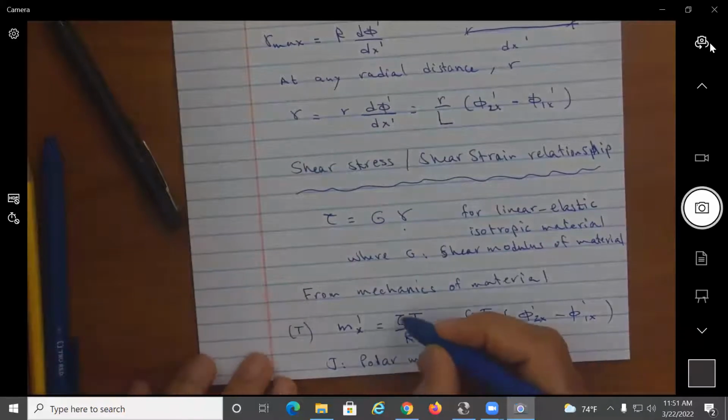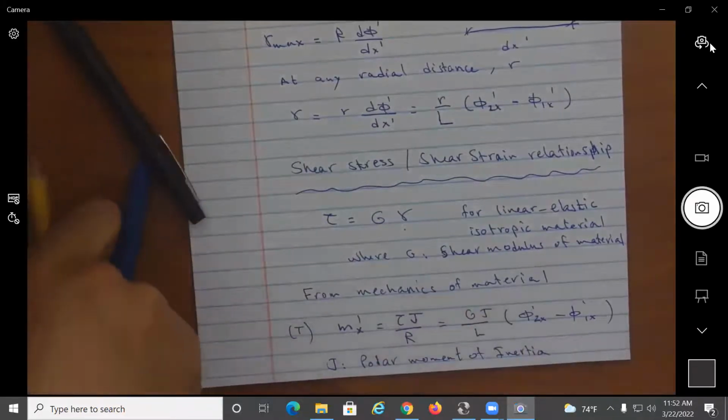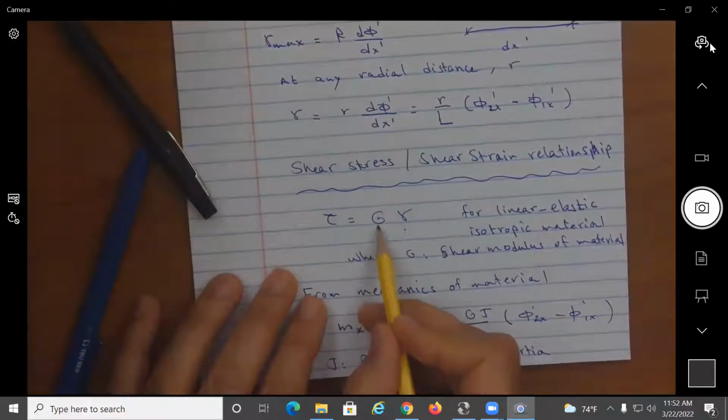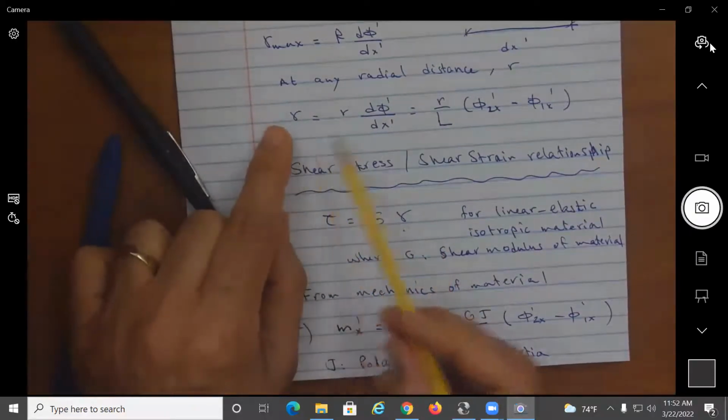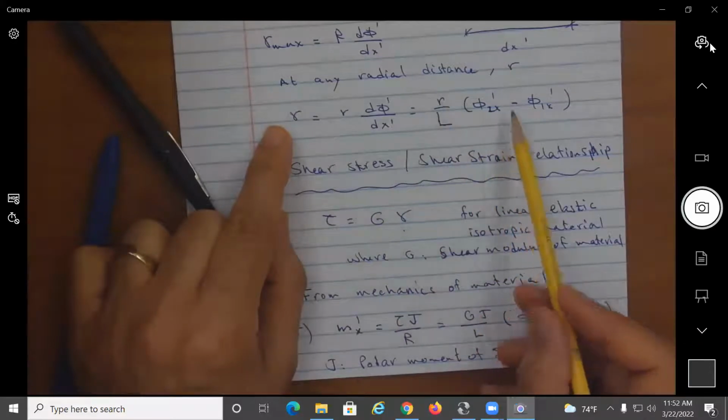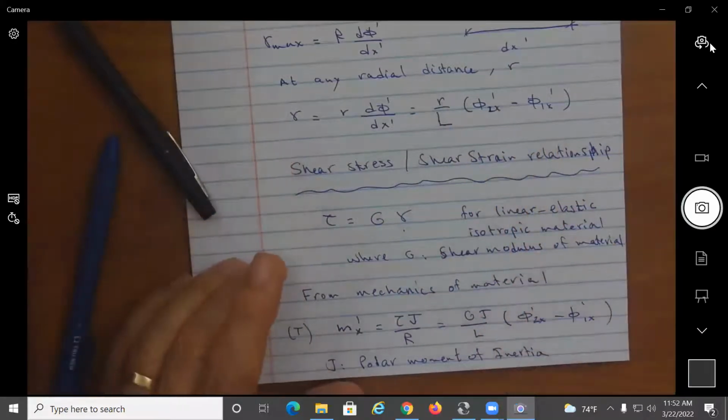So here we replaced tau, knowing that tau is equal to G times gamma, and gamma is equal to R over L times phi 2x prime minus phi 1x prime.